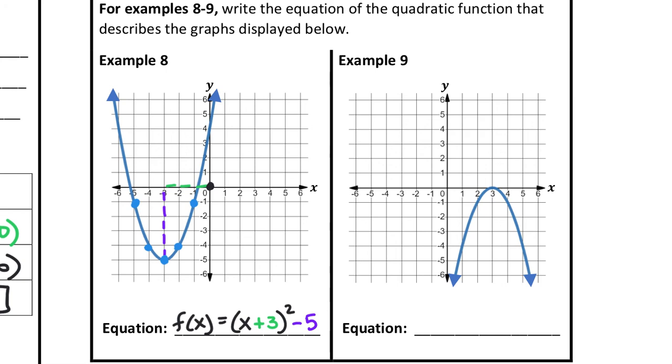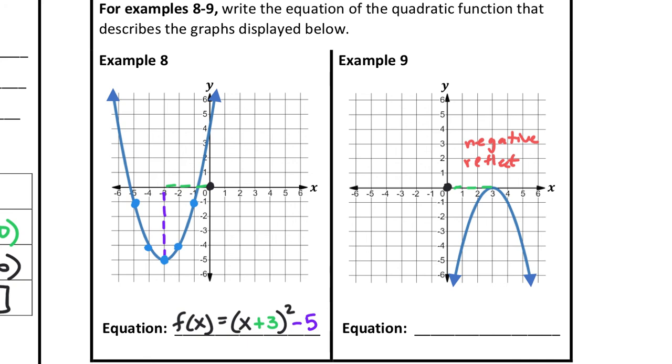Then we look at example 9. If my starting point is at 0, 0, it looks like it went 1, 2, 3 steps to the right. It looks like it's reflected downwards, so there's a negative because there's reflection downwards.